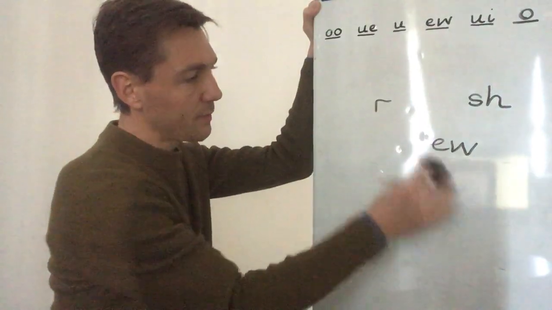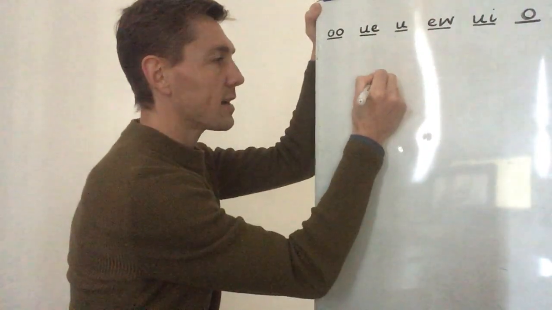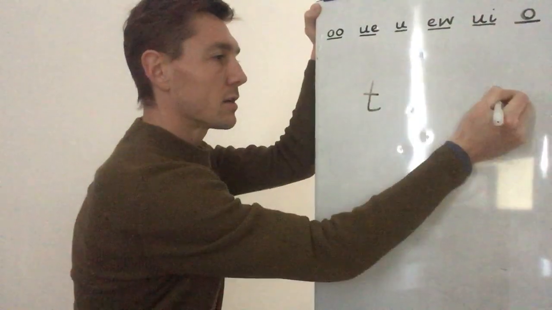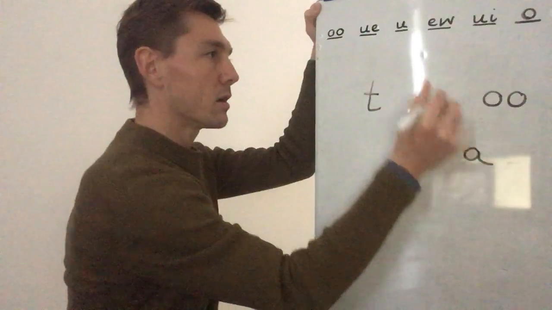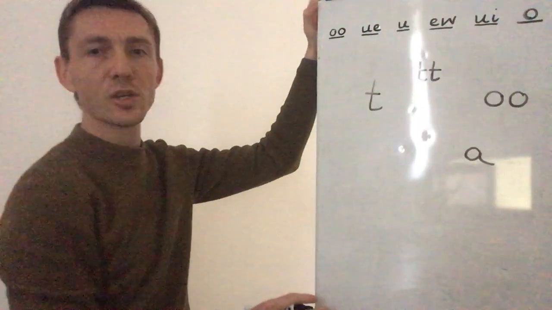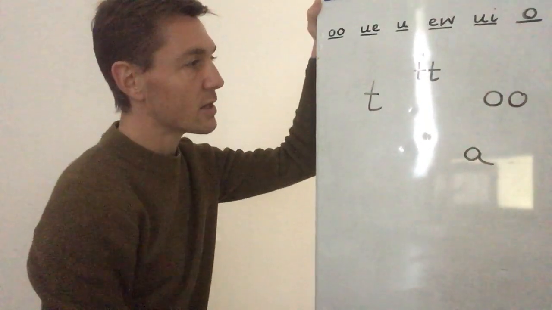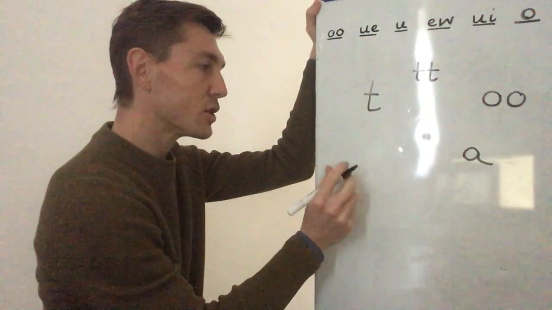And the last one for today, looking for the oo spelling, is tattoo. Tattoo has an oo spelling on the end, so say the sounds and we'll build the word tattoo.